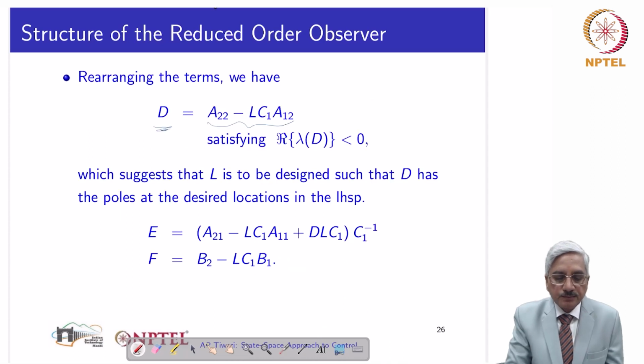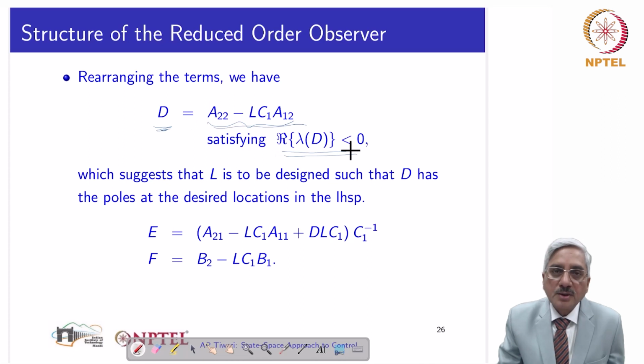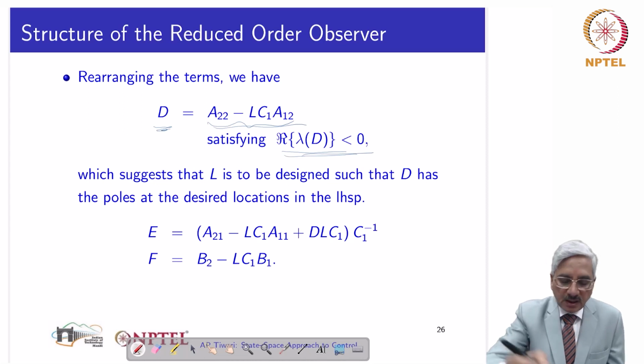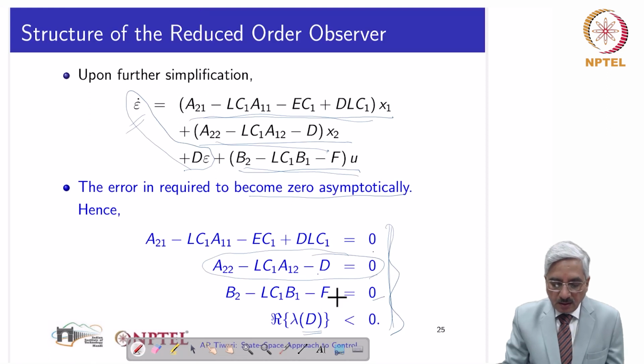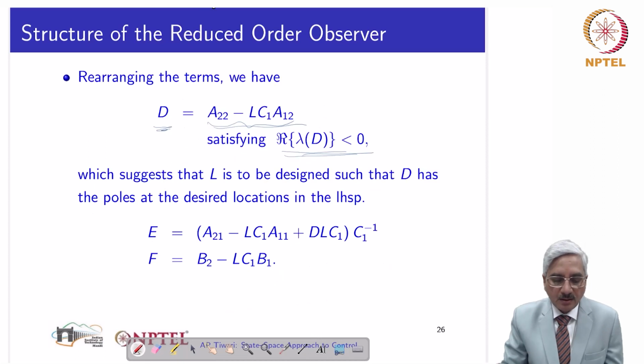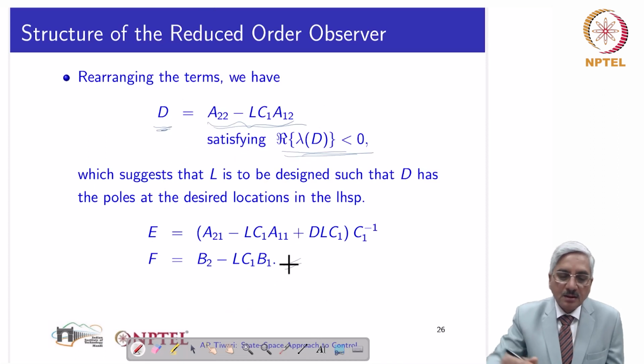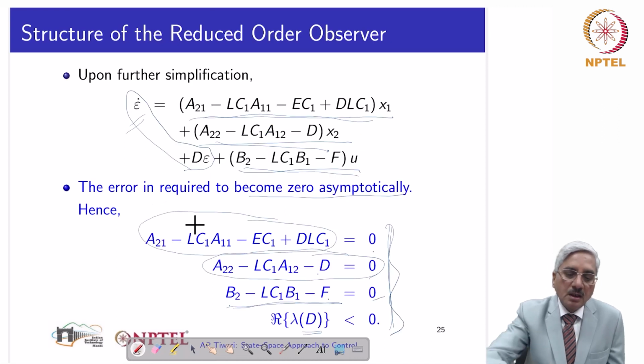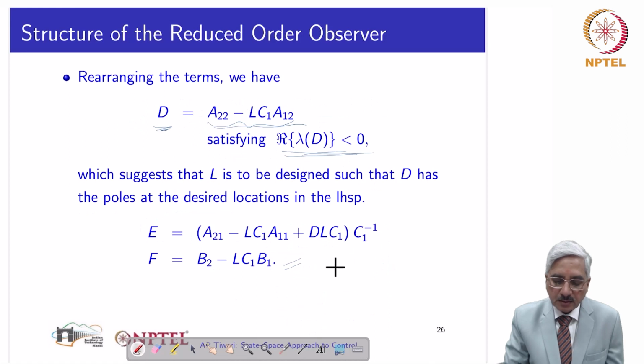It is written here, and it should have the eigenvalues in the left half S-plane. So that is this condition. Then the other two yield this. This one gives the equation for F equal to B2 minus LC1 B1. It is written here. And similarly, the first one has to be solved for E, and that gives this equation.